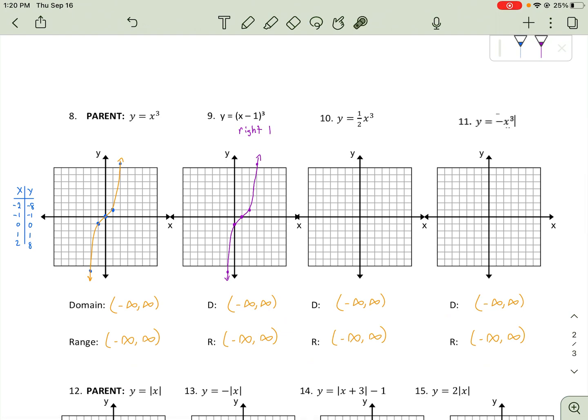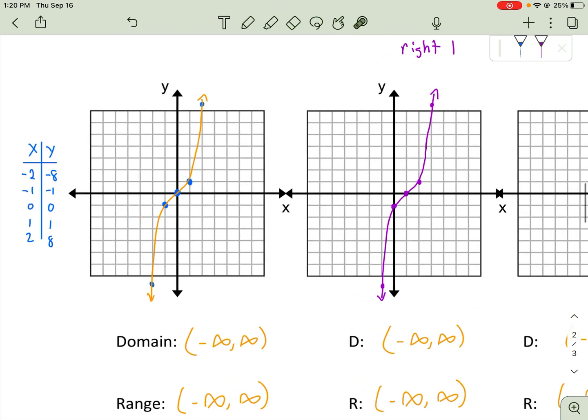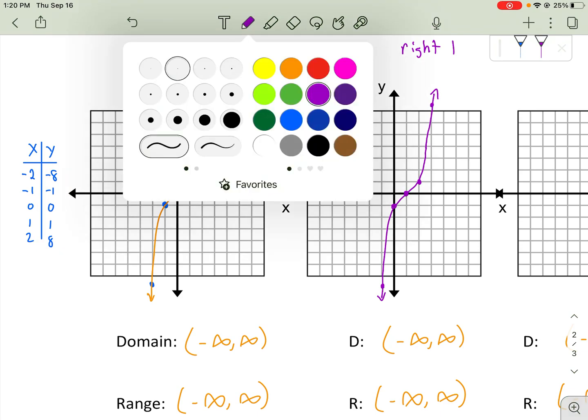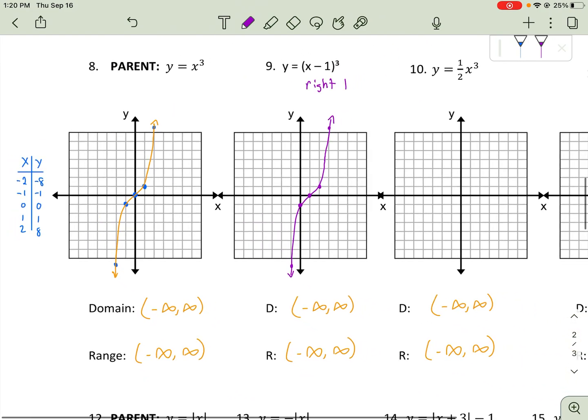Okay, now this 1/2, that cuts all of our y values in half. So now we're going to be at -2, -4. So -2, -4, -1, -1/2. Half of 0 is still 0, and then this will be 1, 1/2, and that will be 2, 4.